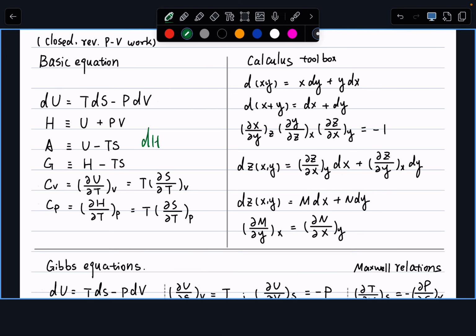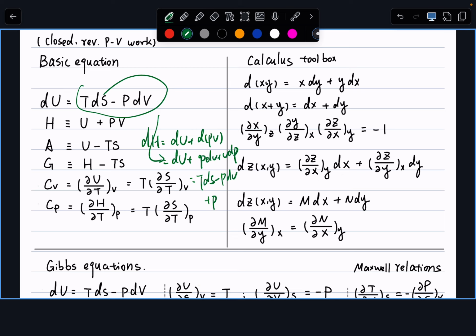So if we're thinking about this one, my dH equals dU plus d(PV), that's just dU plus PdV plus VdP. We plug in the dU into here. We get dH equals TdS minus PdV plus PdV plus VdP. Your PdV cancel out.